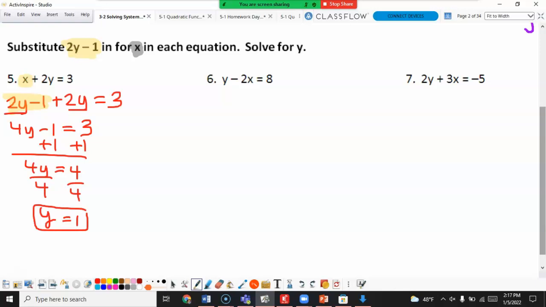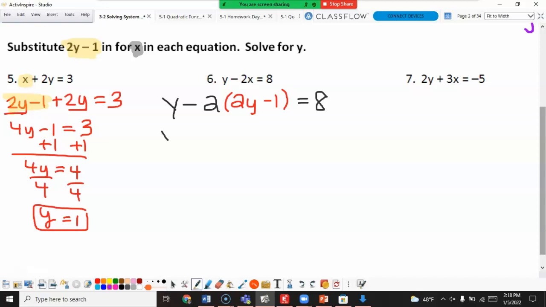Okay, and then in example 6, once again, replace your x with your 2y minus 1. So we have y minus 2. And then where I had an x, I'm going to replace it with 2y minus 1 equals 8. And now we're simply going to solve for y.